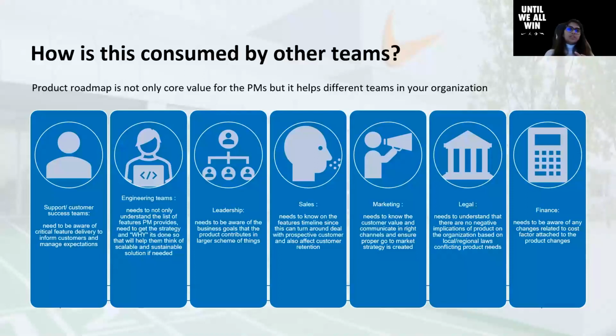So for example, a customer service team needs to be aware of when a critical feature will be done. Say you take an e-commerce company and they find out that in checkout things don't add up in the right way, or an offer does not apply correctly. A customer will come with a mindset to get that 50% off, and if that 50% off is not applying while the sale is on, that's a problem.